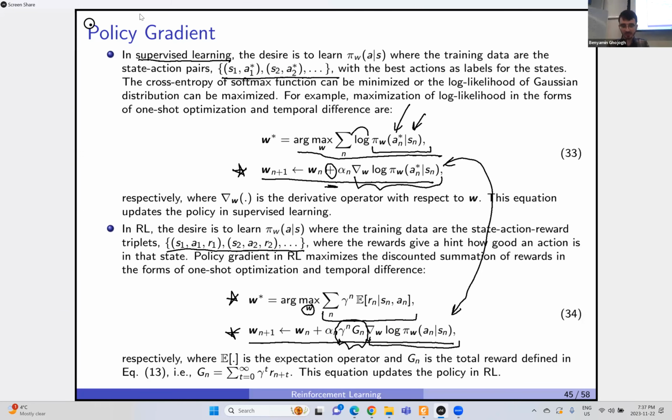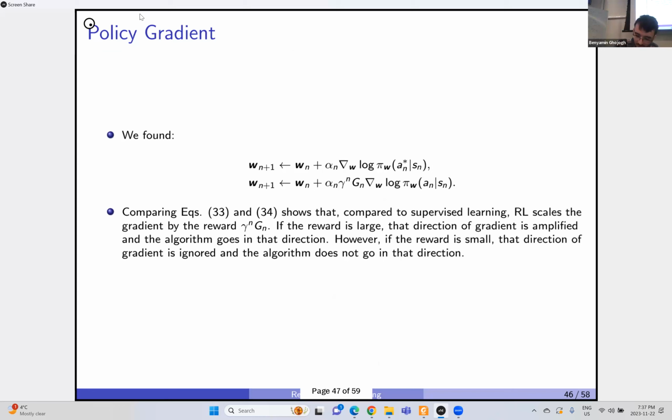What is this scale doing? You tell me. If AN for this SN is good, what happens to GN? GN was a total discounted reward. Do you remember? If action AN is good, what happens to GN? GN becomes large.